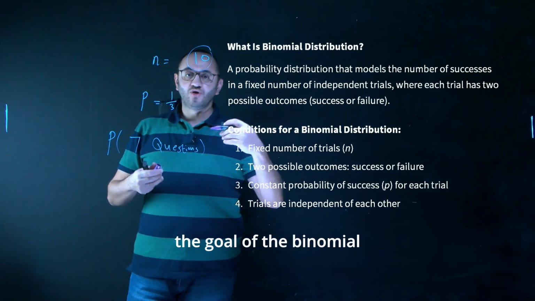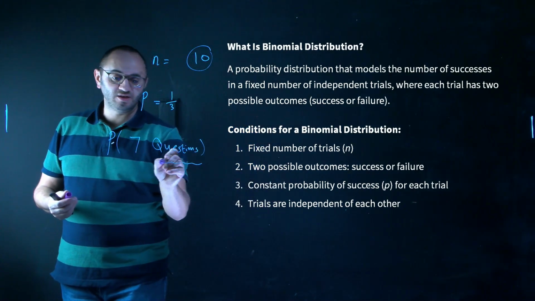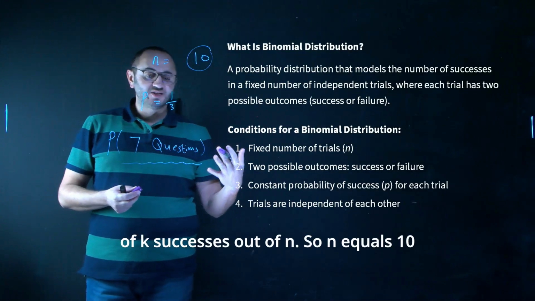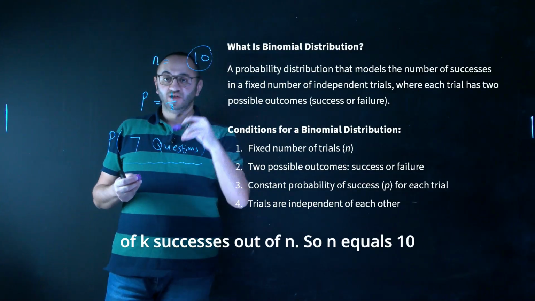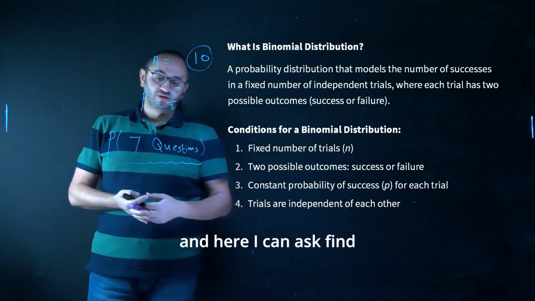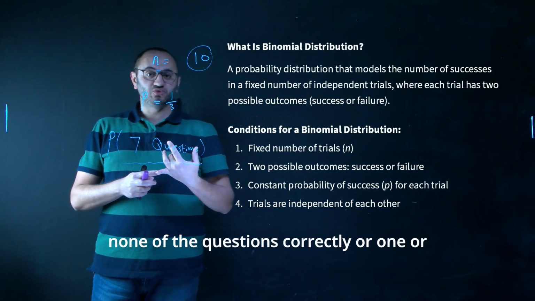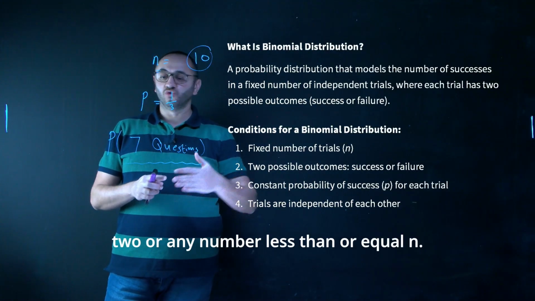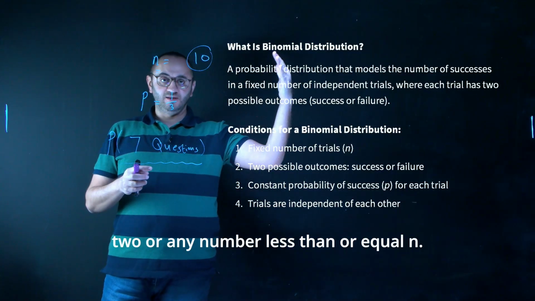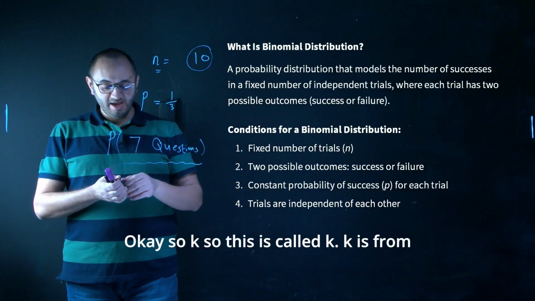Now, the goal of the binomial distribution is to find the probability of k successes out of n. So n equals 10, and here I can find the probability that you answer none of the questions correctly, or 1 or 2, or any number less than or equal to n.